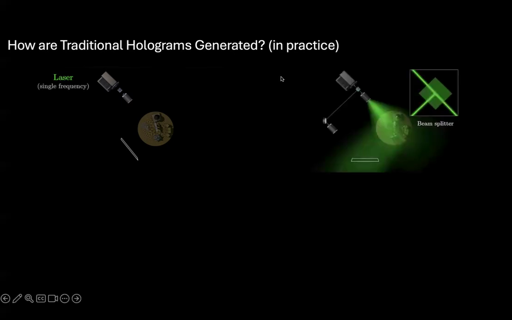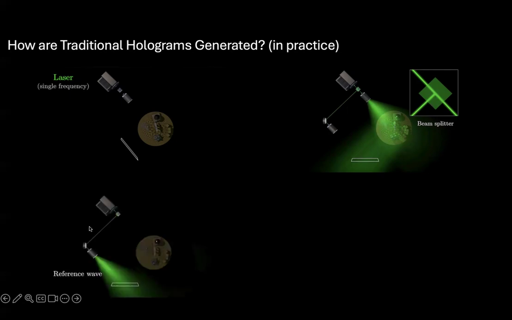So in practice, how are you going to generate a hologram from this scene you've set up on the table? First of all, you will need a single frequency laser in order to have a coherent wavefront. And once you turn on the laser, you want to first split the laser up into two different optic routes.